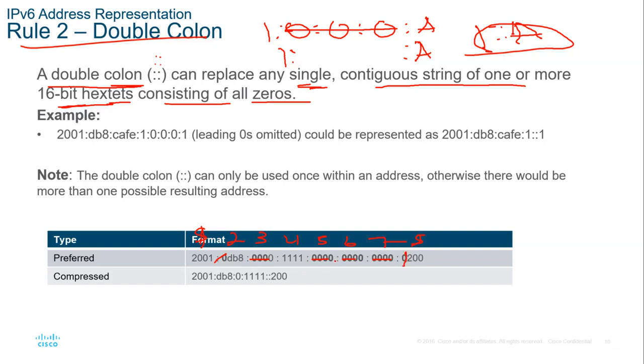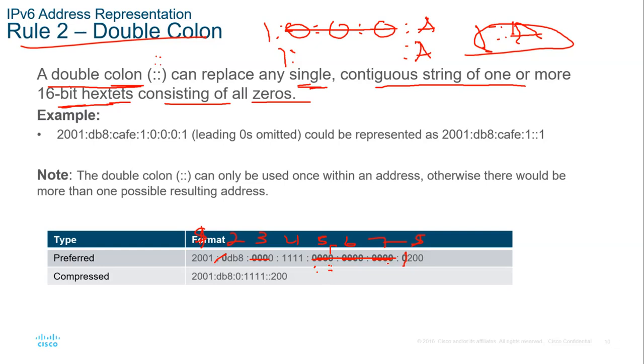But we have this, what we call the single extent with a zero, but contiguous. There is another one that follows it, and then another one follows it. So we're going to extract all these, and then we remain with the double colon.